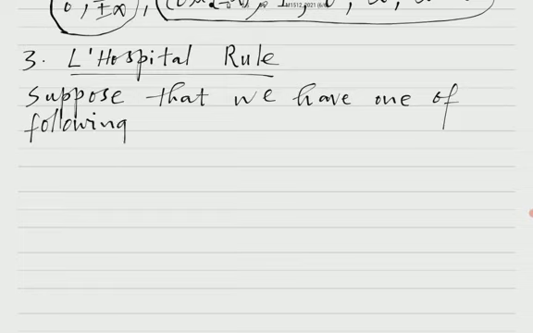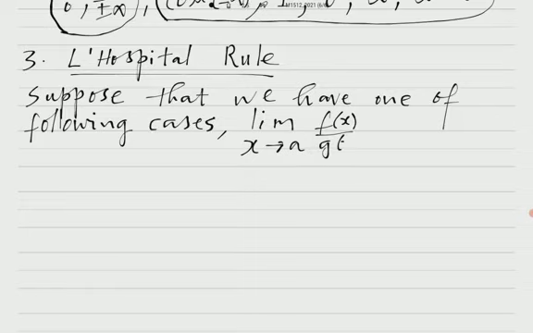They don't need to be both, one of them is fine. So what are these cases? You could have the limit as x goes to a of f of x over g of x being of the form 0 over 0.